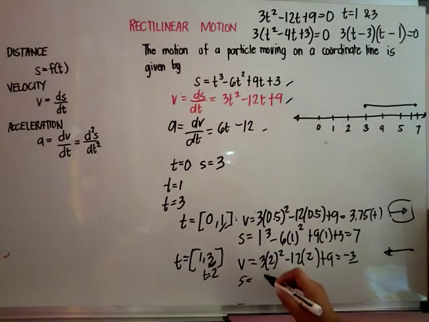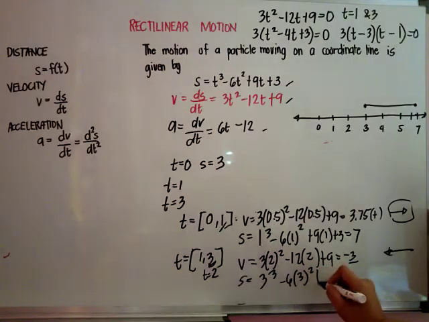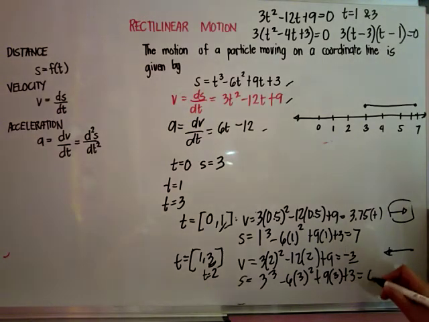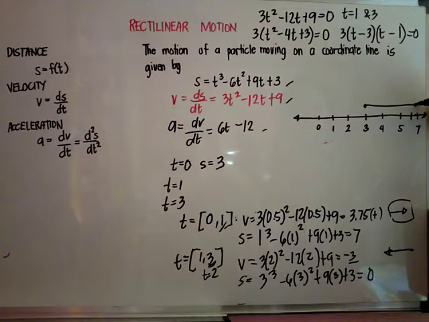So we have 3 cubed minus 6 times 3 squared plus 9 times 3 plus 3, is equal to 27 minus 6 times 9 plus 9 times 3 plus 3. So we have 0.